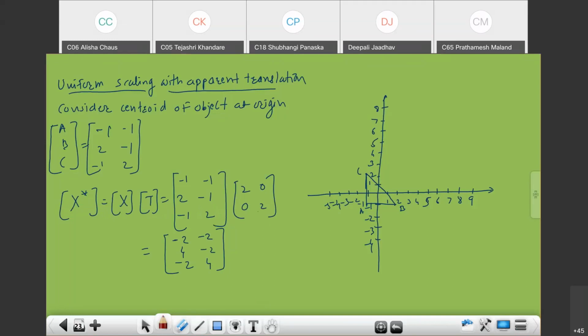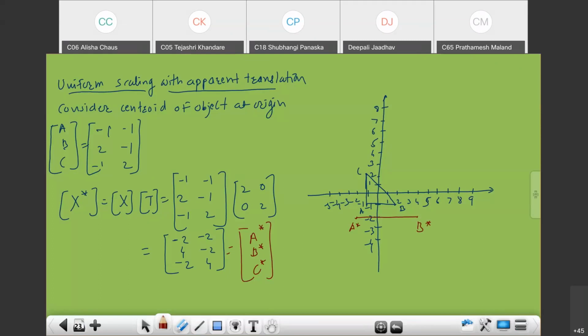That is the new one, A star, B star and C star. B star is 4 and -2, and C star is -2, 4.